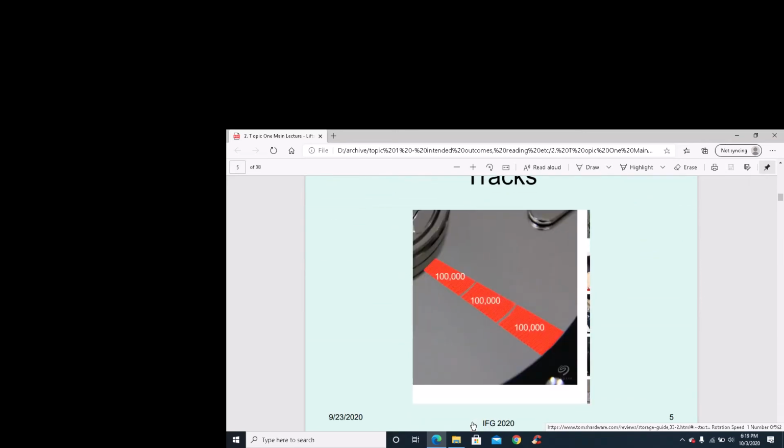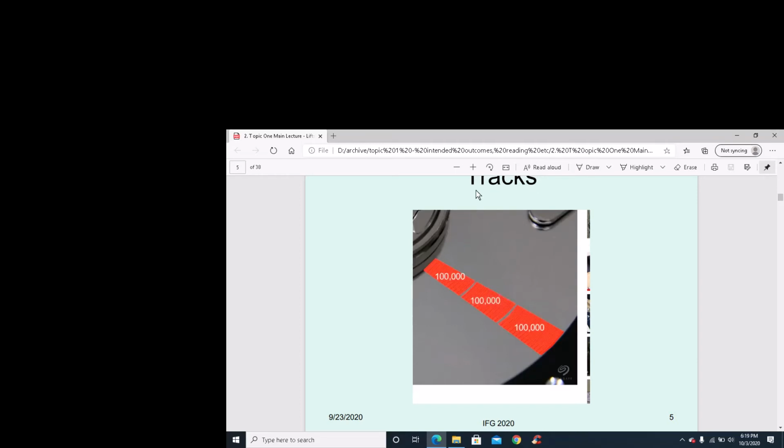So the first thing I want to draw your attention to is that given a hard disk platter, typically you're going to have up to or more than, it depends what hard disk drive you're looking at, 300,000 different tracks.